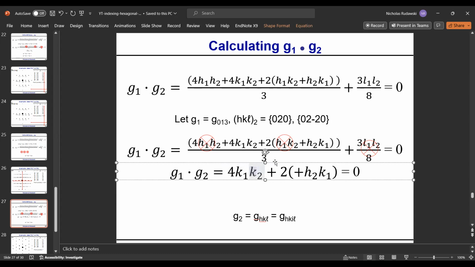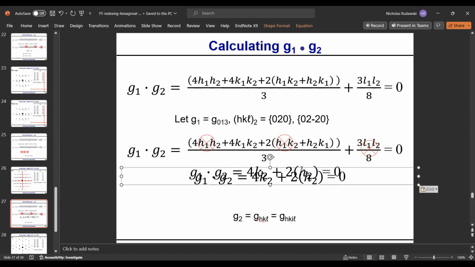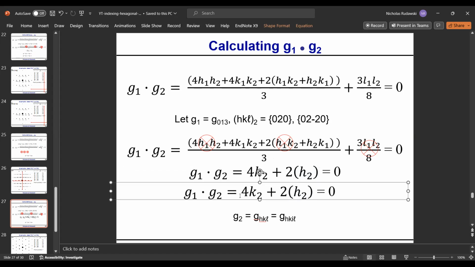So we can, whoops, come on. I hate you, equation editor. Okay. Get rid of the plus. Let me just copy this so we know that it's there.